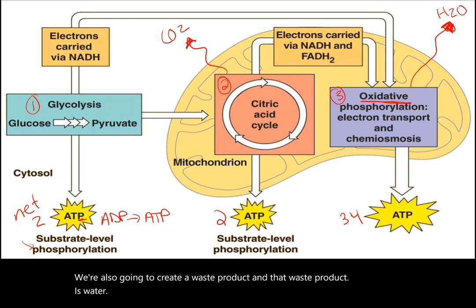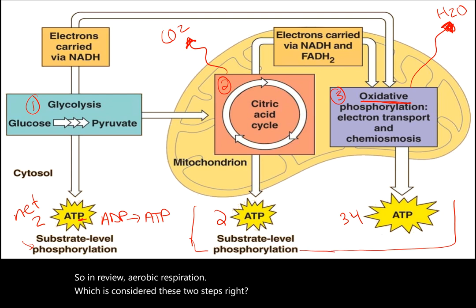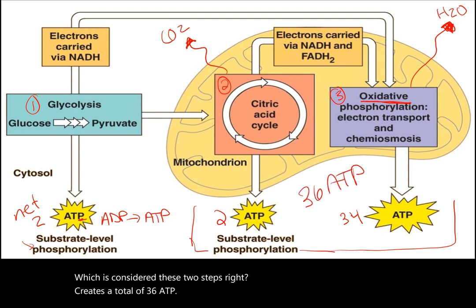So, in review, aerobic respiration, which is considered these 2 steps, creates a total of 36 ATP. That's a lot more than anaerobic respiration, which just gives you 2.